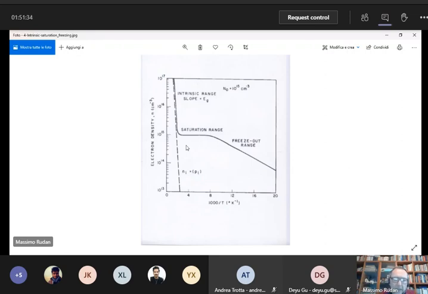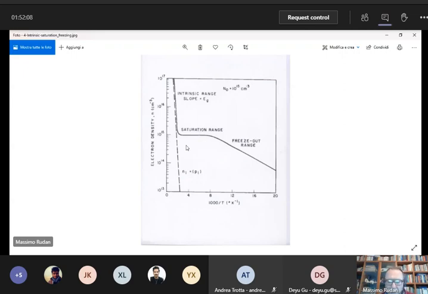This is a fundamental result. You remember, we anticipated that introducing the dopants first makes the conductivity controllable, because the concentration of electrons in the conduction band or the concentration of holes in the valence band is controlled by the dopants and not by the semiconductor.